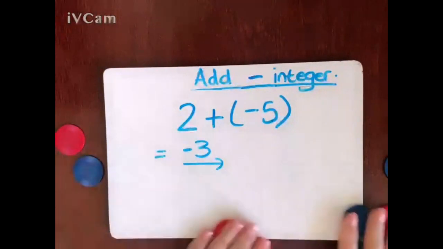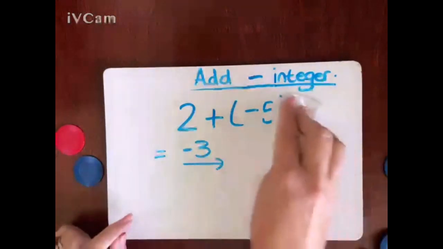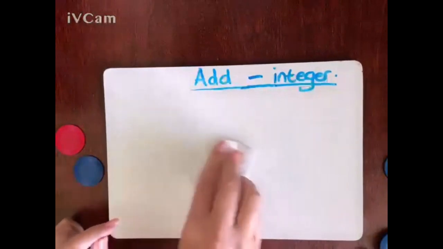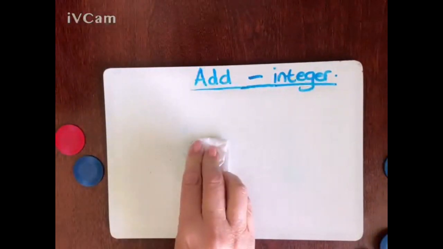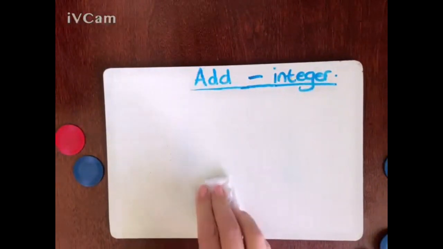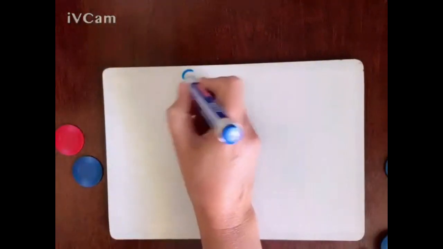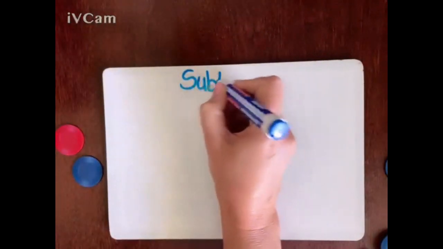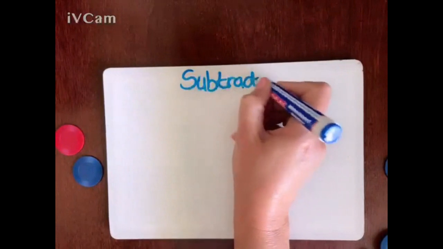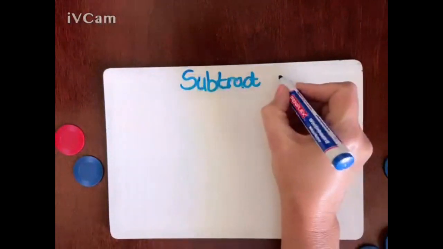Right. So that was actually really easy to add integers. So now we're gonna subtract integers.